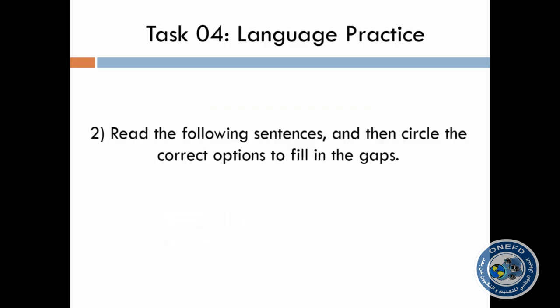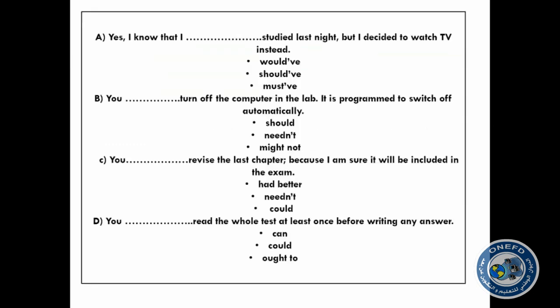So task 4, read the following sentences and then circle the correct options to fill in the gaps. We have 4 sentences, and you have to choose the right one from the three options in each sentence.